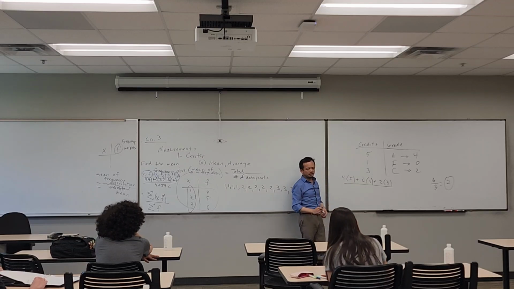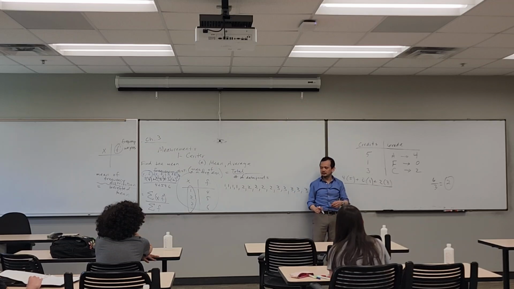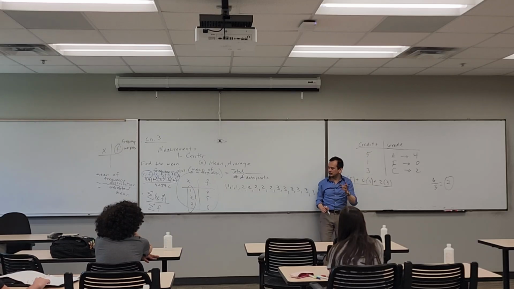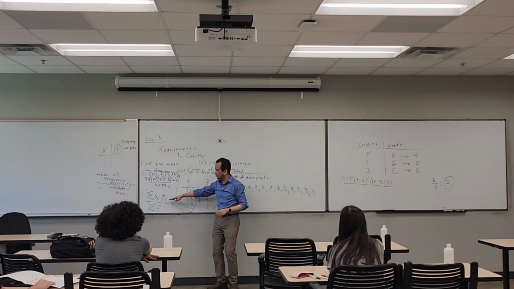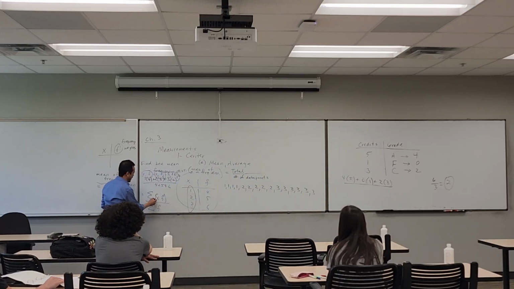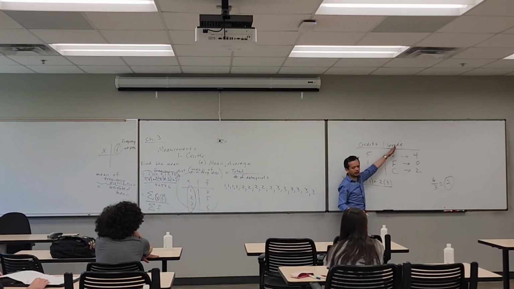What's the total number of numbers? It's 9, the sum of all the weights. In this case, it'll be 5 plus 1 plus 3. This is a little bit tricky: we know we're supposed to use the weighted mean formula, but we have 2 columns here, X and F. Which column should be our X and which should be our F?